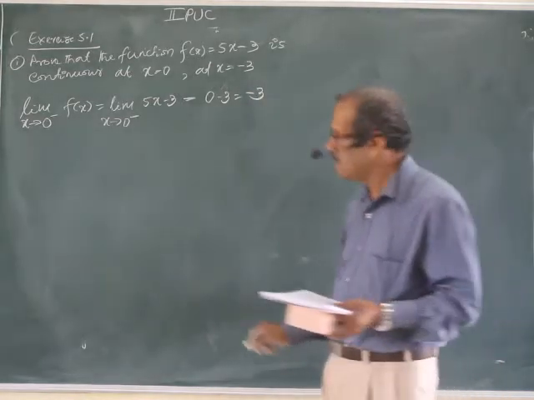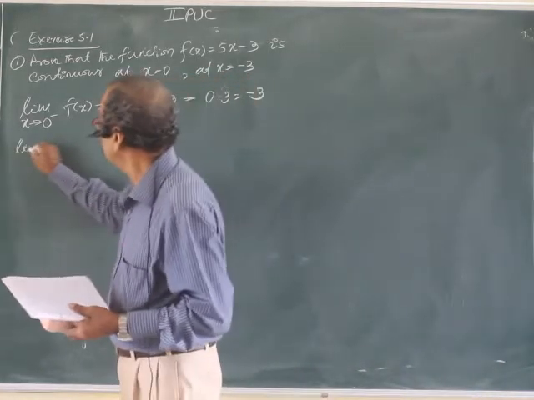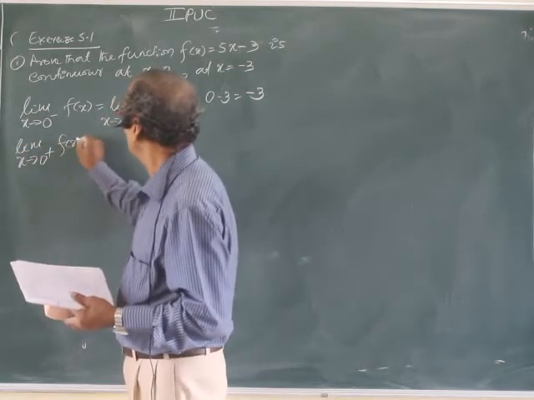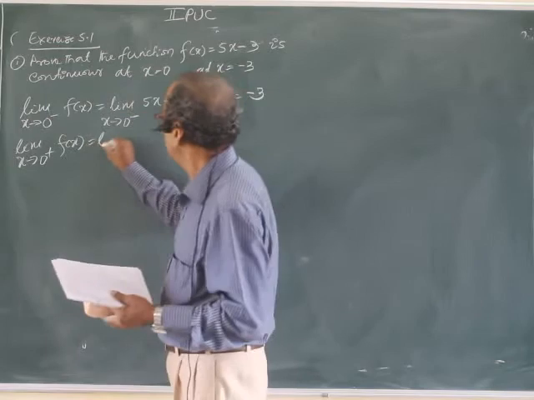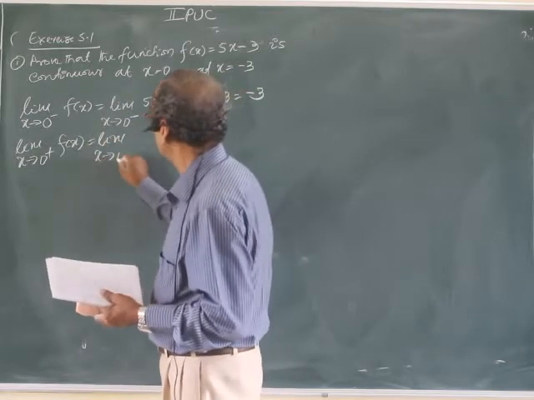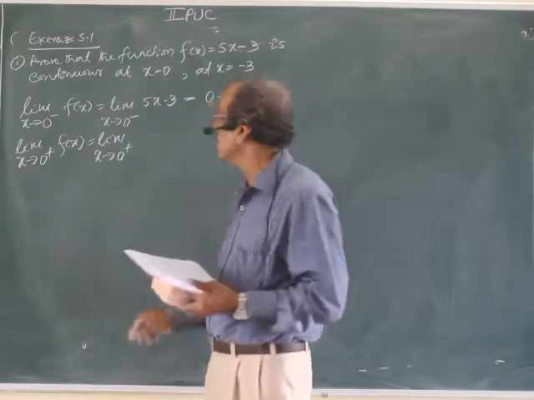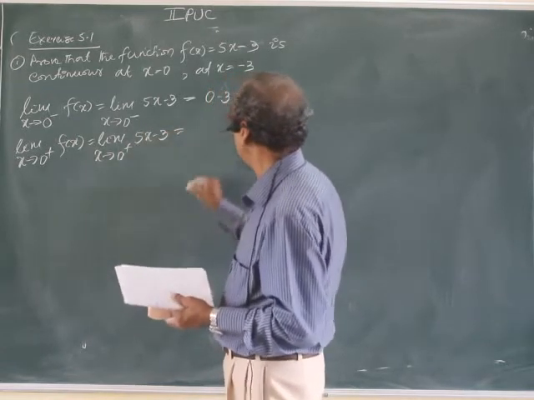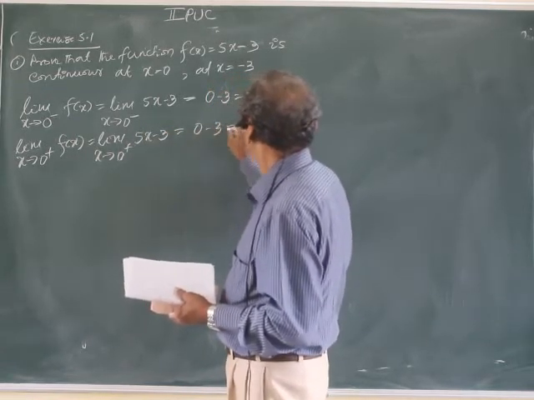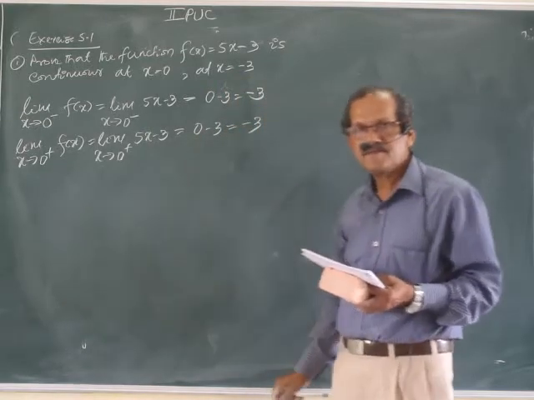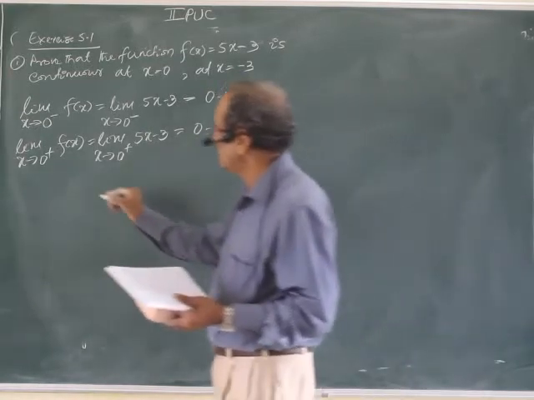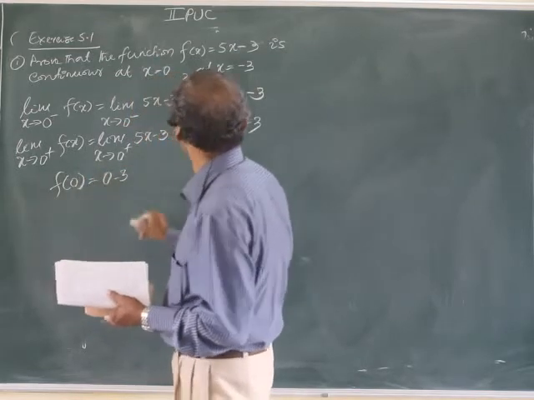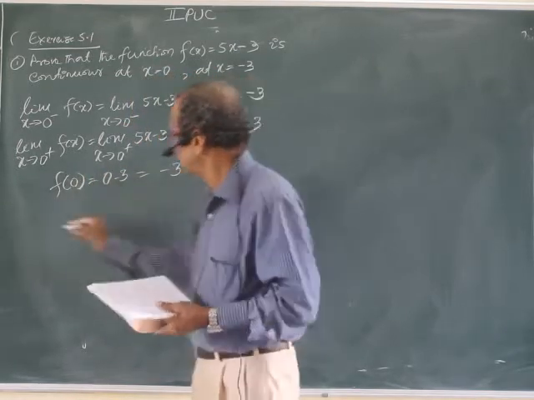Limit x tending to 0 plus f of x is 5x minus 3, which is minus 3. f of 0 is again 0 minus 3, which is minus 3.